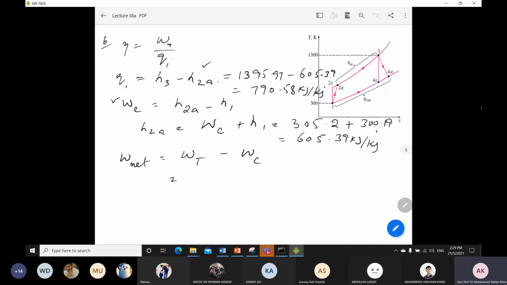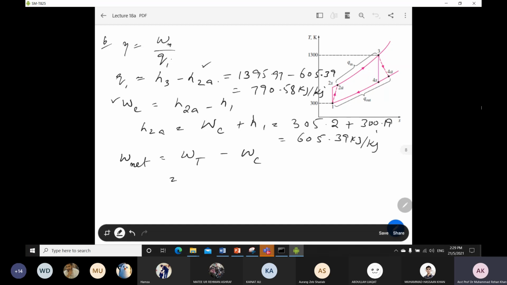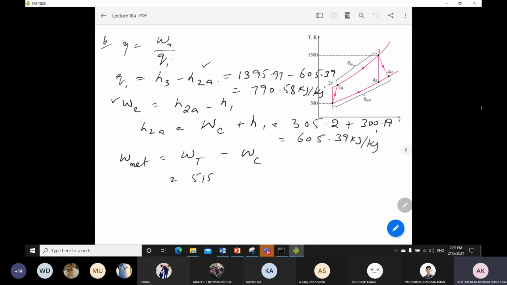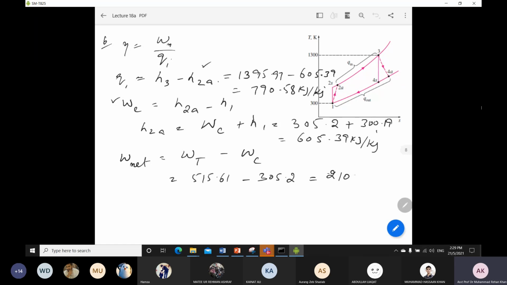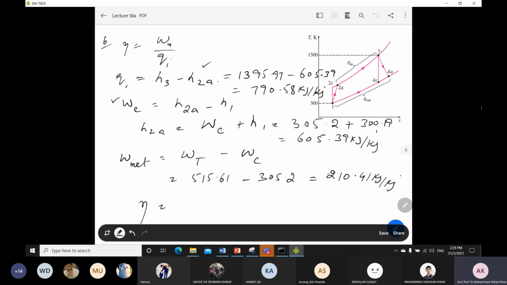We are also talking about the actual compressor and turbine work, which we already found in part A. The turbine actual work is 515.61 and the compressor actual work is 305.2. If you solve it, you will get the value of W net as 210.41 kilojoule per kg.